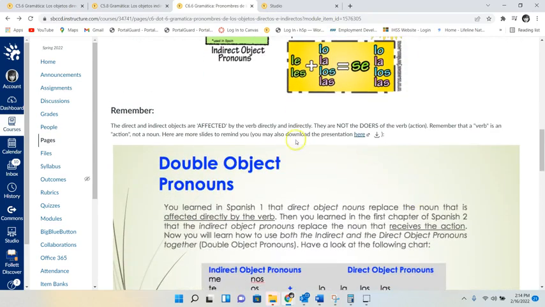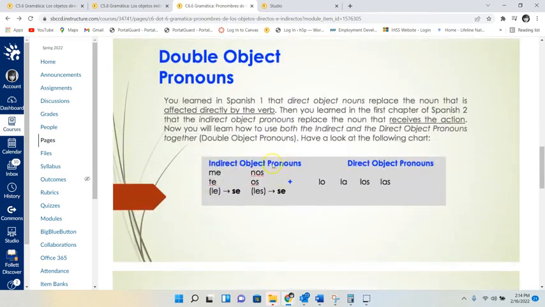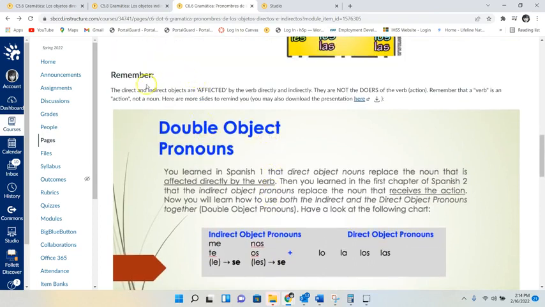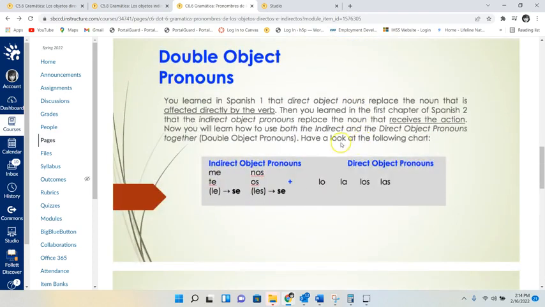And you have to remember, in this slide, I've given it to you, that the direct and indirect objects are affected by the verb directly and indirectly. They are not the doers of the verb, okay? Again, they are being affected by the verb.